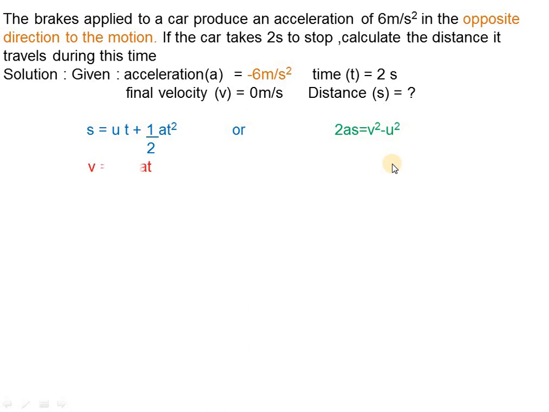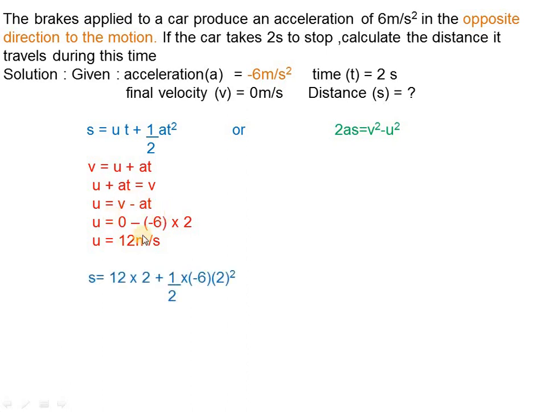For calculating that, we will use the formula v is equal to u plus at. Now we will bring this u to the left hand side, and we get u is equal to v minus at. Putting the values of v, a and t, we get initial velocity as 12 meters per second.